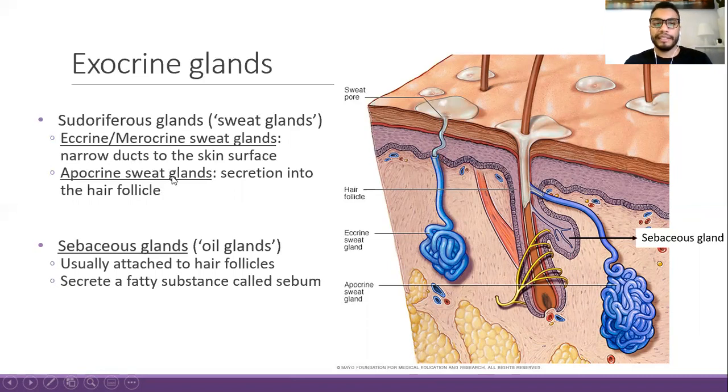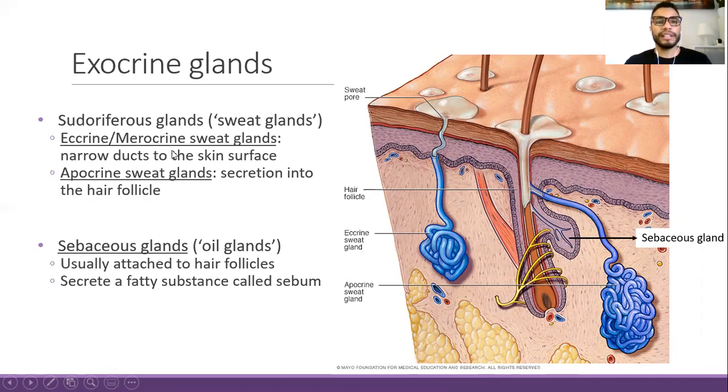And the apocrine sweat gland is this type here that you see, the blue one. This is an apocrine sweat gland, and it secretes the sweat into the hair follicle. So it's not directly into the skin pore. It goes through the hair follicle and then outside the skin.